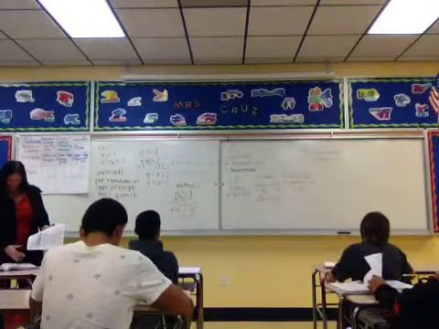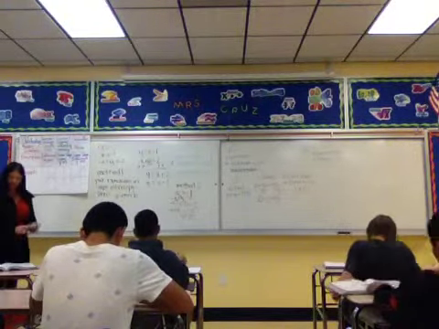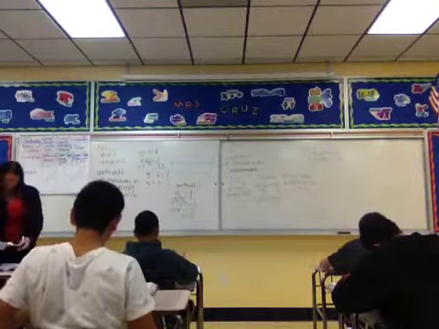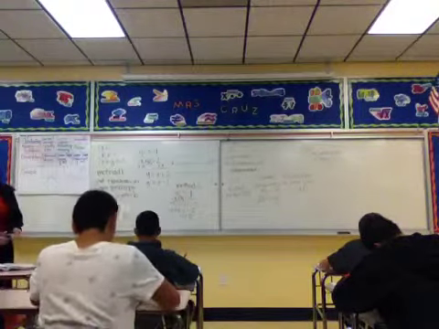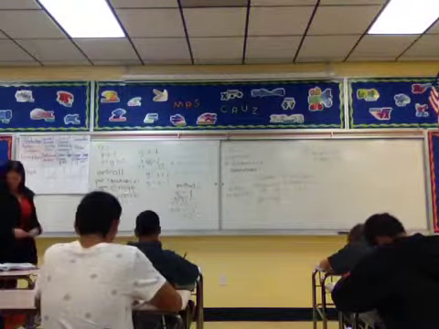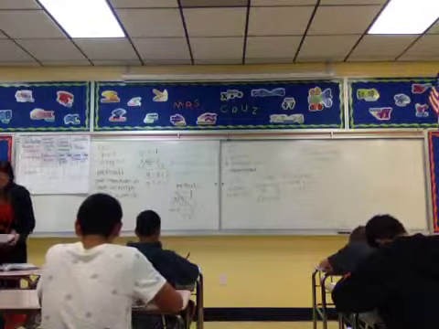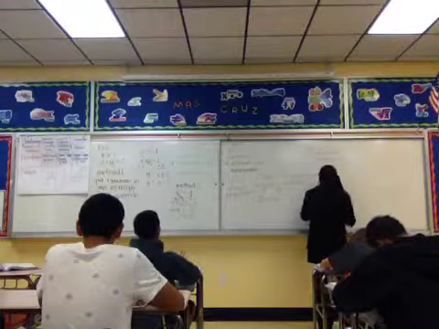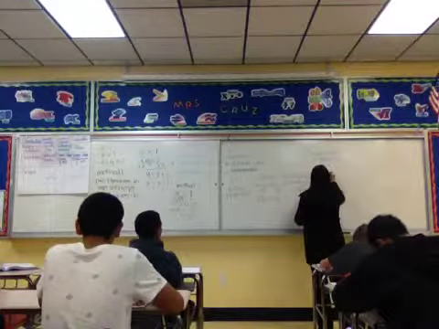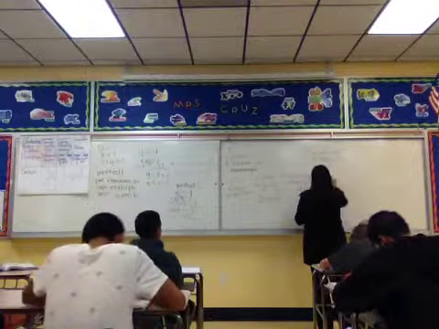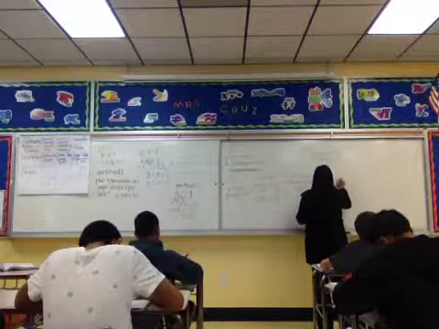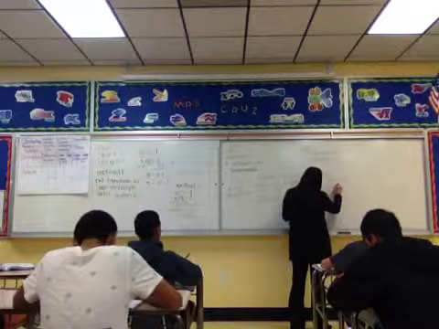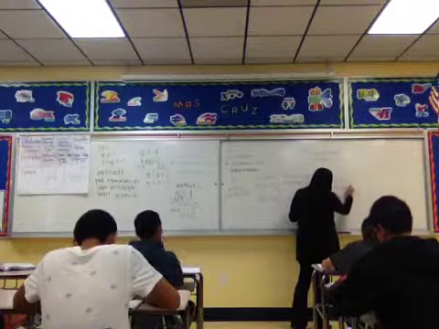Let's go to example 3. If you turn the page, we have an example A and example B. We have 2y equals x plus 2, and then negative 1/2 x plus y equals 2.